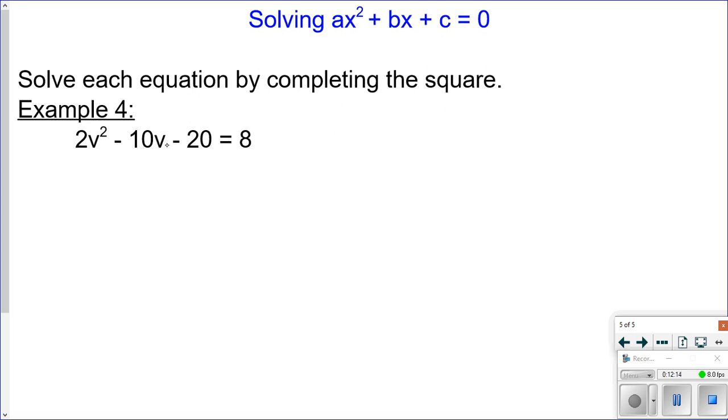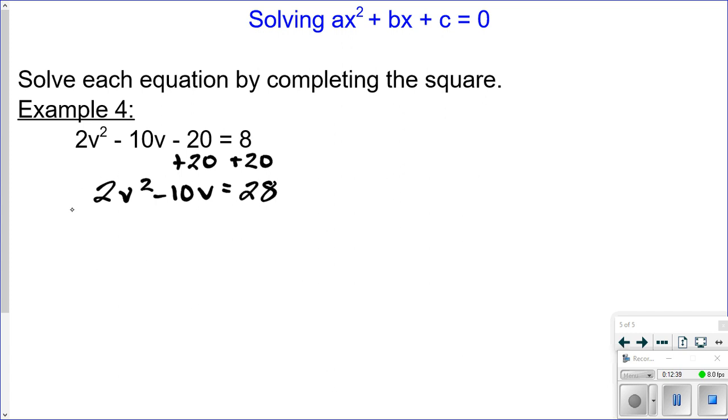All right, so again, the first thing I'm going to do is get the c over on the other side. So I'm going to add 20 to both sides. This one you'll notice is a little bit different. Instead of this being equal to 0 here, there's actually a number there, but that's okay. We're just going to add the 20 to that number. So we're going to end up with 2v squared minus 10v equals 28.